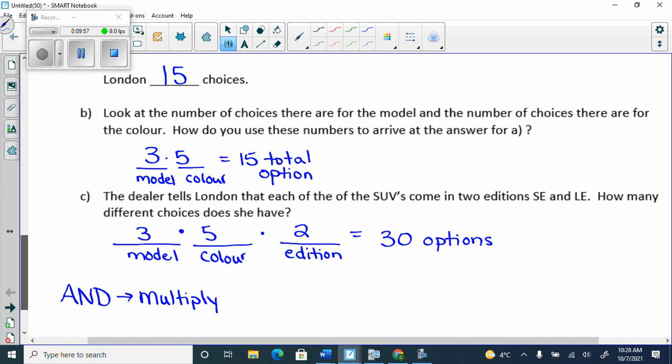So if I have a model and color and an edition, I'm going to multiply. If I needed a model or a color or an edition, I would add, but that makes no sense. You can't pick a model or a color. You just walk away with red. Like, here, I bought red. No, you didn't buy red. You bought a red Ford Explorer or whatever in an LE option. So it was ands. Okay.